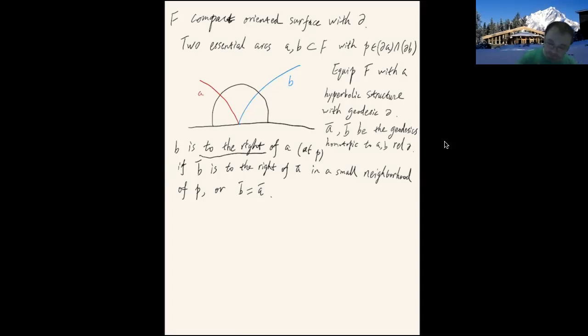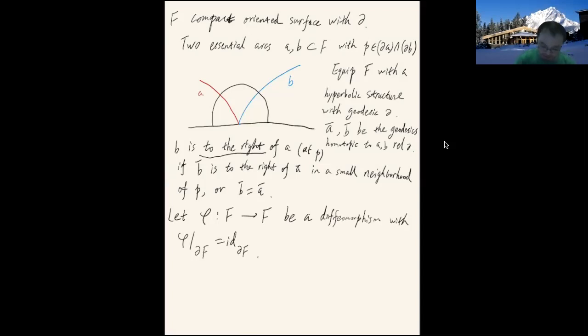And now, let phi from F to F be a diffeomorphism with phi restricted on the boundary of F being the identity.